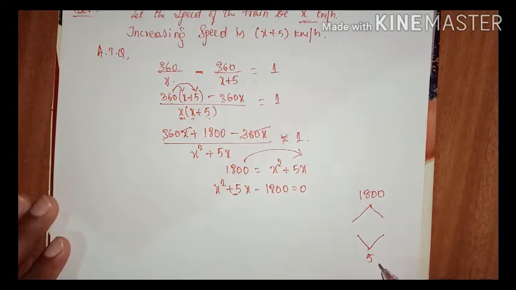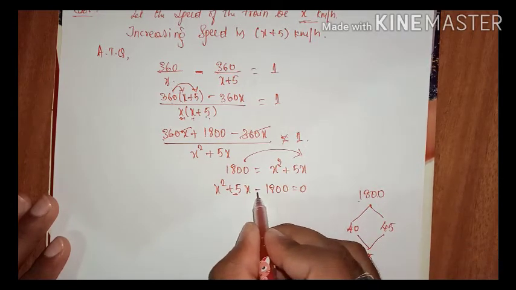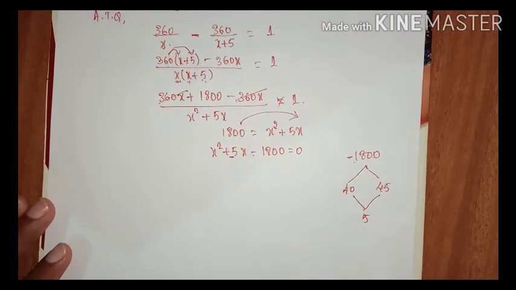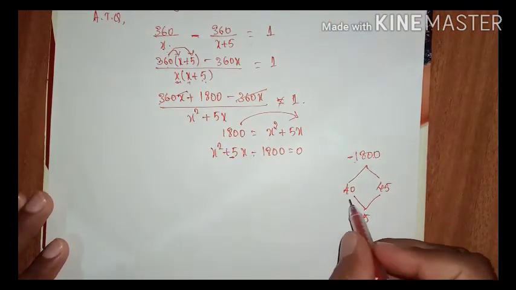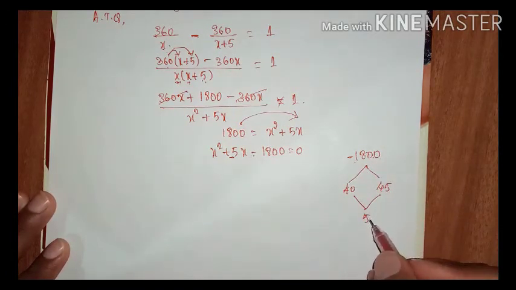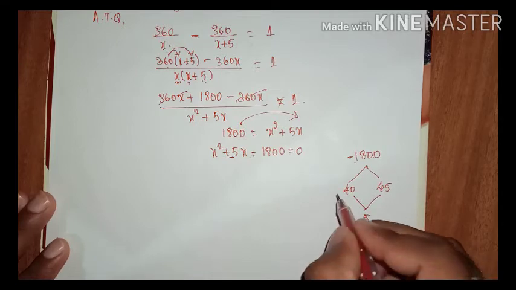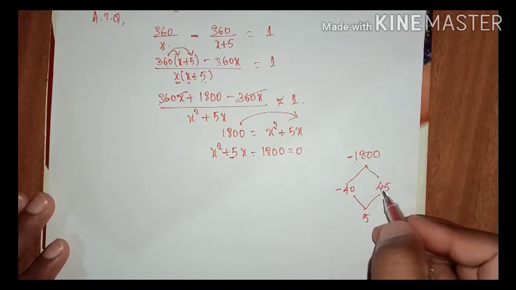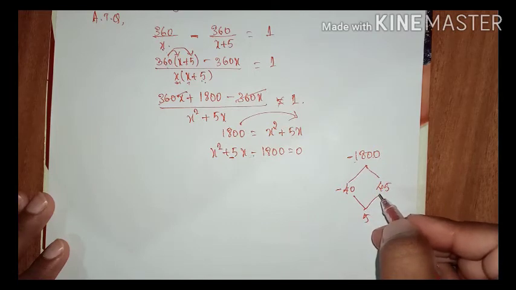I should get 5. So 40 and 45, and here 1800 is negative, minus 1800. Don't forget the sign. Okay, 40 into 45 is 1800, and I supposed to get plus 5, so definitely minus 40 and plus 45.